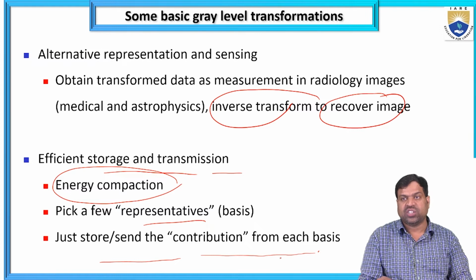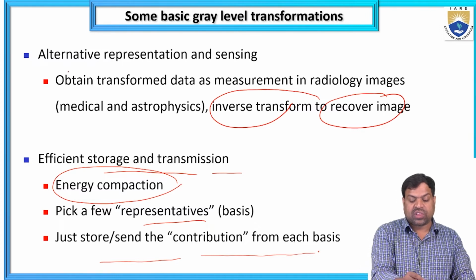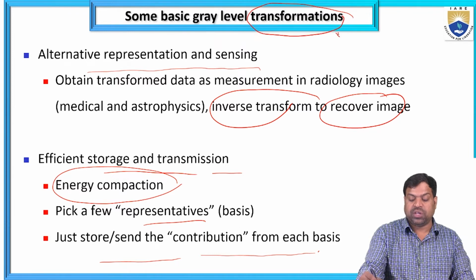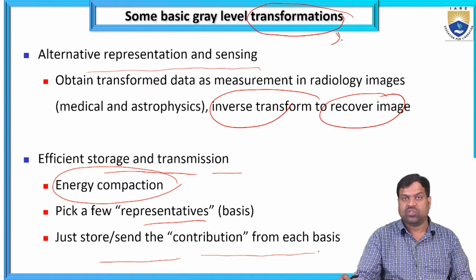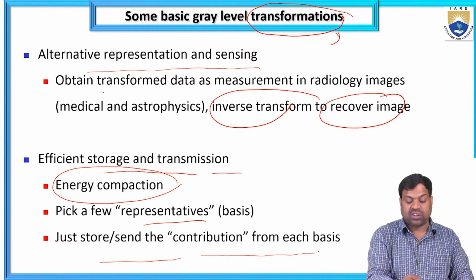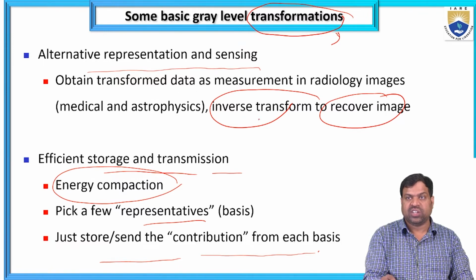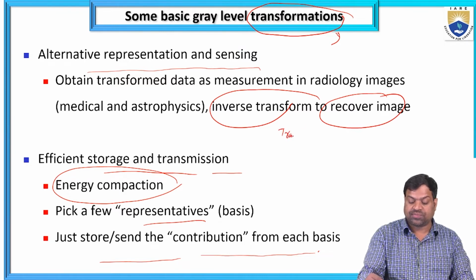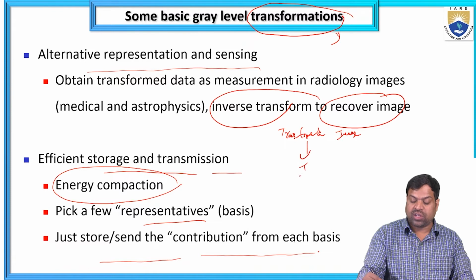So these are the transformation processes. I transformed one image. What are the alternate solutions for that? We are obtaining the transformed data as measured in radiology images, and we are applying the inverse transform to recover the image. So a transformed image is there, and we are applying the inverse.